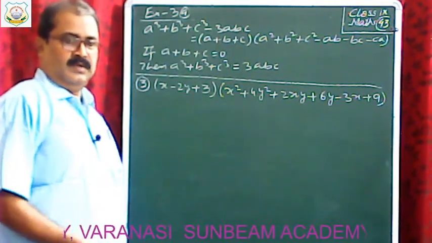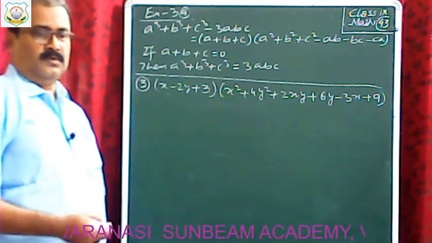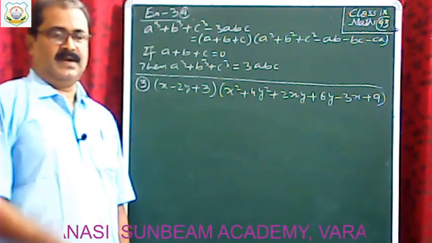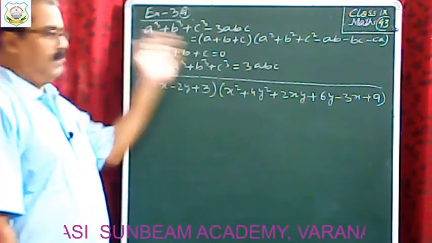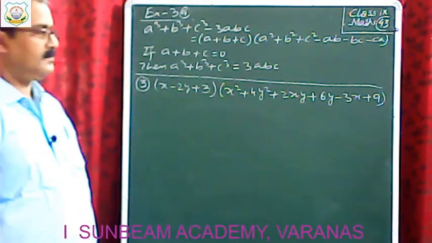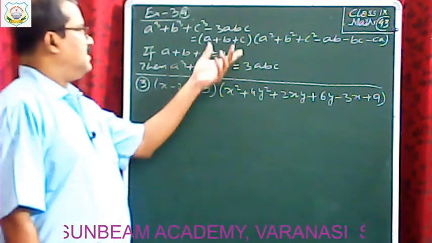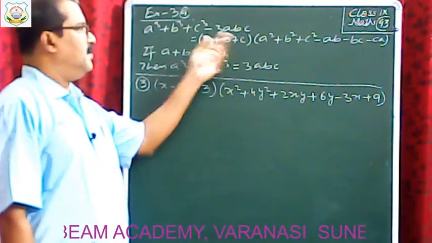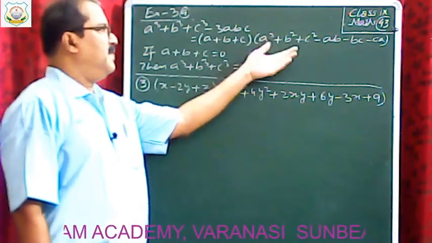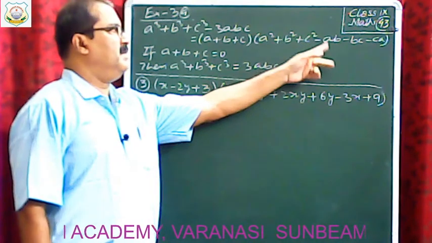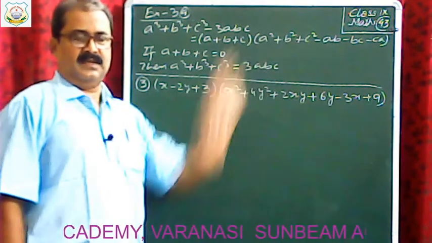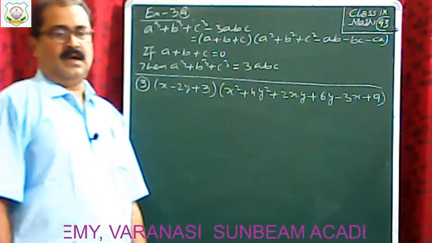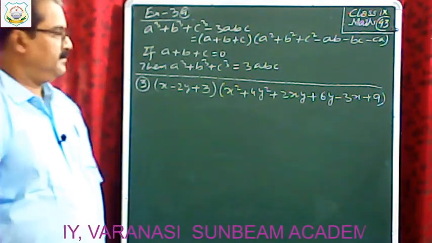When polynomial is given in 4 terms, and out of 4 terms 3 are perfect cube terms and 1 is a combined term, then you have to follow this identity. RHS, the factorized part is a plus b plus c within bracket, 3 terms are there, and second bracket a square plus b square plus c square minus ab minus bc minus ca, and 6 terms are there. Out of 6, 3 are perfect square terms, the remaining are combined terms, taking 2 at a time.